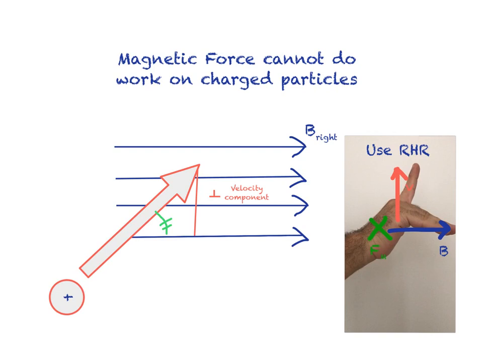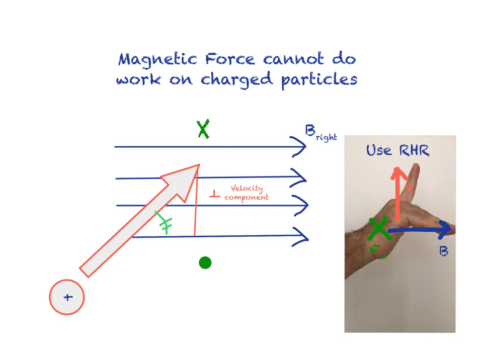Now, if we think about that magnetic force as pointing into the center of a circular path, I will see that my hand has to curve sort of into the page, or my index finger curves down into the page, meaning that the particle's trajectory would be into the page in this region, and then it would have to come back out. So it's almost as if it's a circle that's going into and coming out of the page.